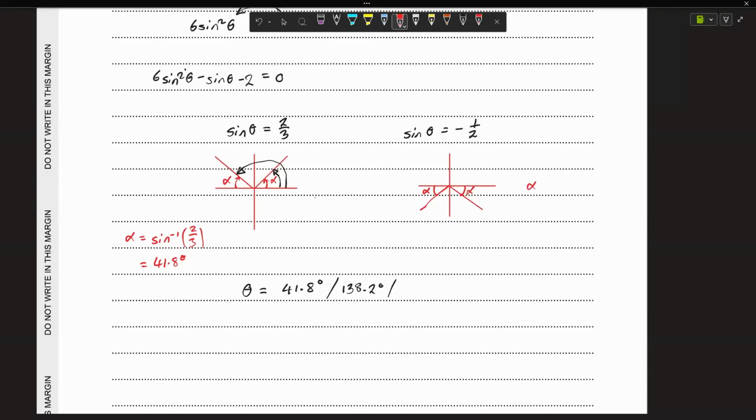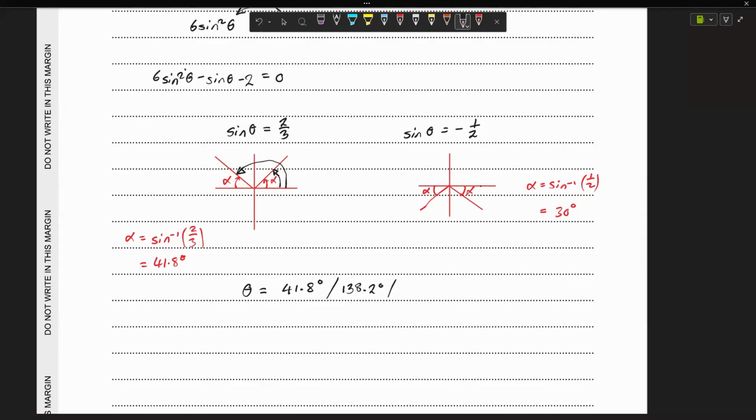In this case, alpha is arcsine of 1/2, which is 30 degrees. If we read in an anti-clockwise direction, the angles will be outside the range, greater than 180, which won't be good for us.